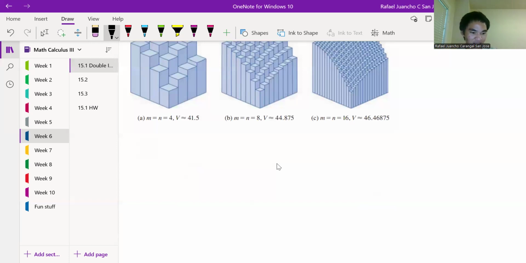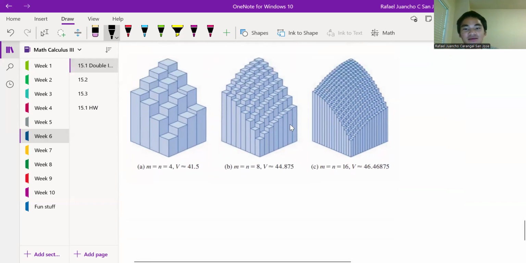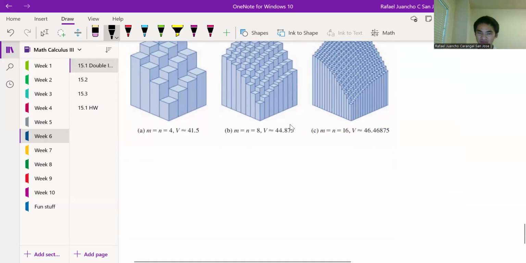So I still think it's important in some ways, especially when we're trying to approximate stuff. Not all problems can be solved analytically. Sometimes we have to use numeric methods, and one of these methods would be approximating. And so we can use Riemann sums to do that. So it is still important, just not in this course, because here we're trying to solve everything analytically, meaning there's an exact answer. That's the difference.